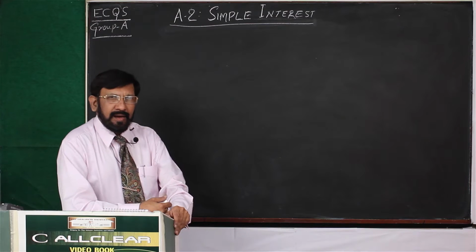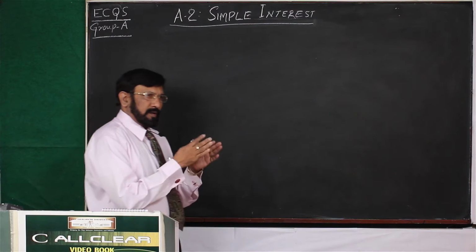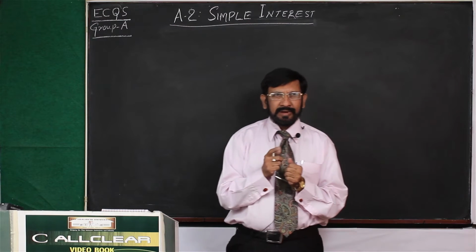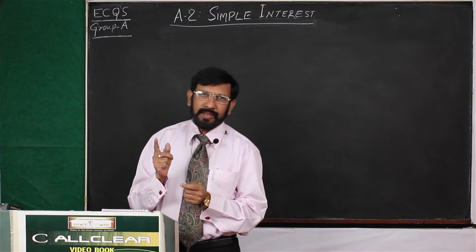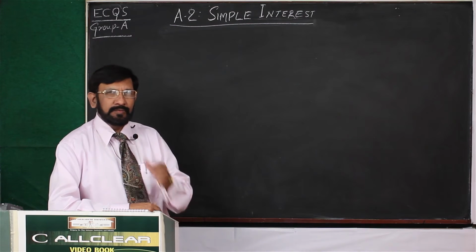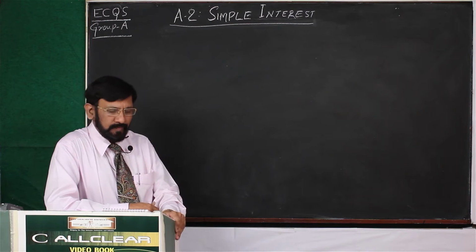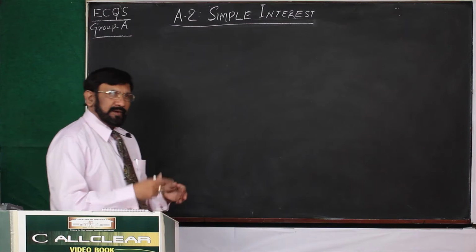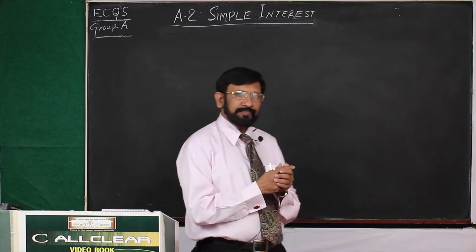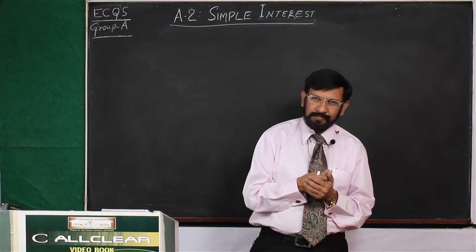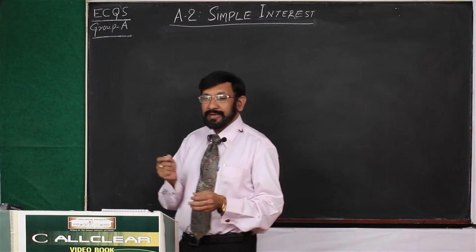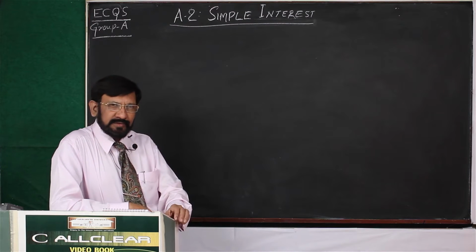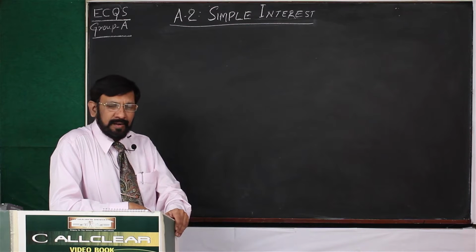Briefly about simple interest: simple interest is calculated only on the principal amount, what amount you lent or you borrowed. In case of compound interest, interest is calculated not only on principal but also on the accrued interest. In this section, we mainly focus on simple interest calculation and the allied issues.